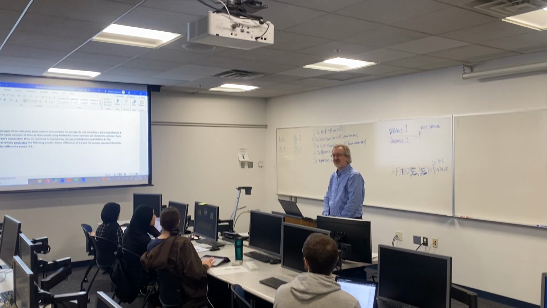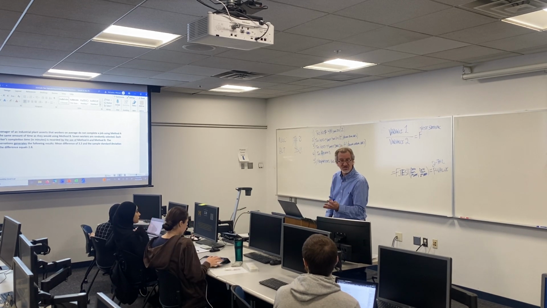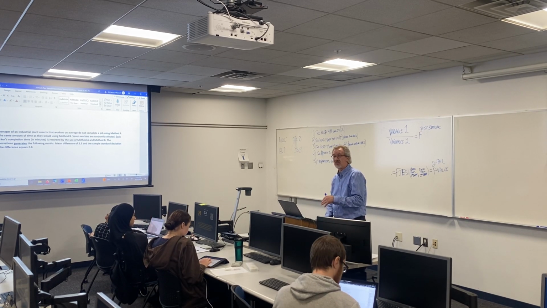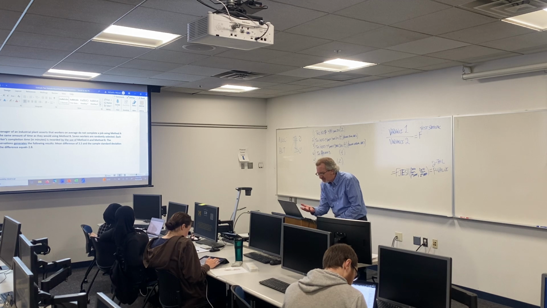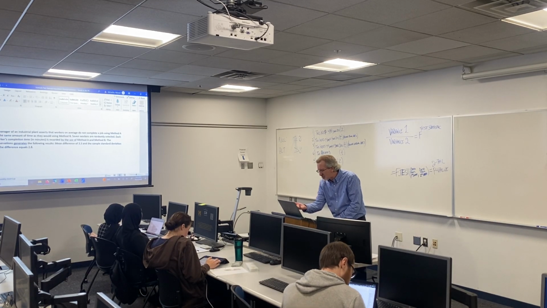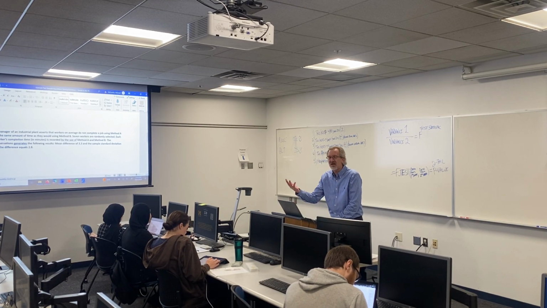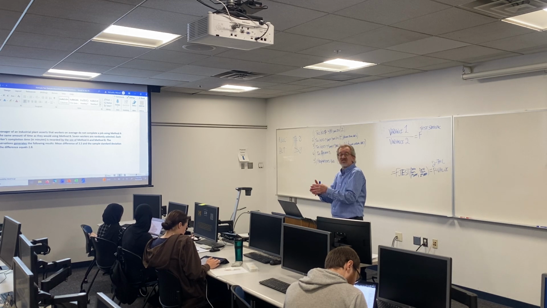Why 2 tail? They didn't say that they would complete it faster in one method than the other. They just said it would be different. It didn't say more, it doesn't say less, it just says not the same. That's why it's 2 tail.